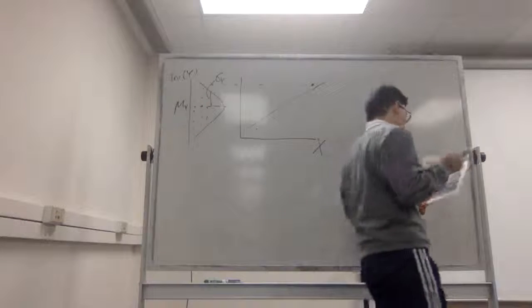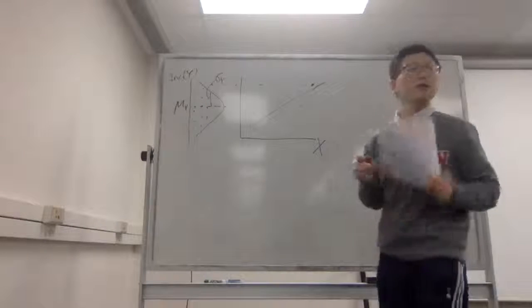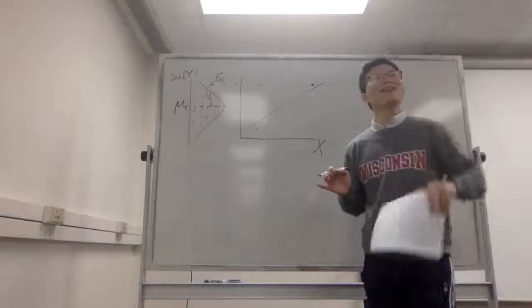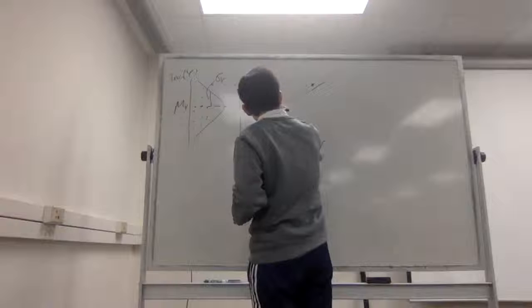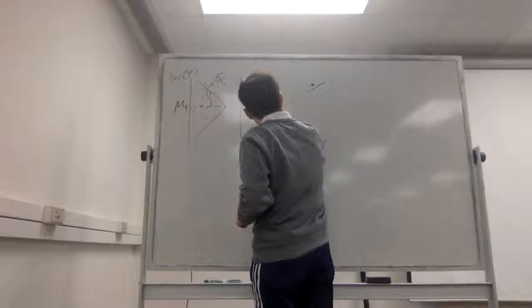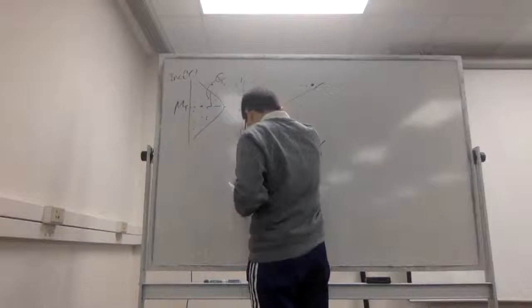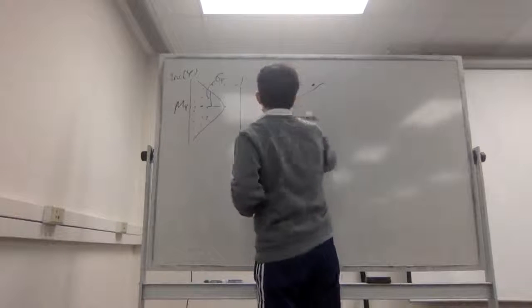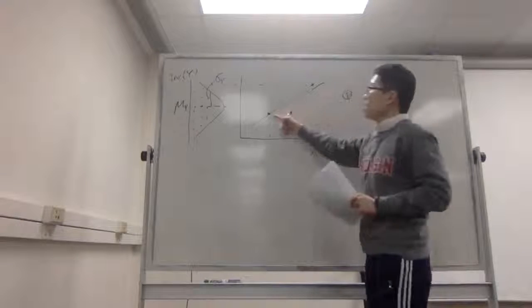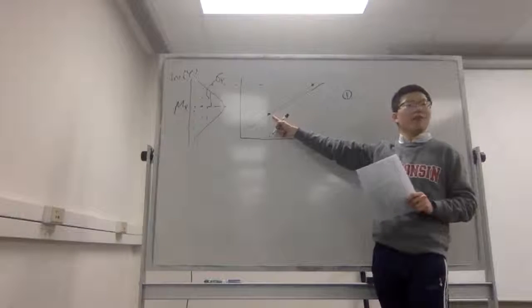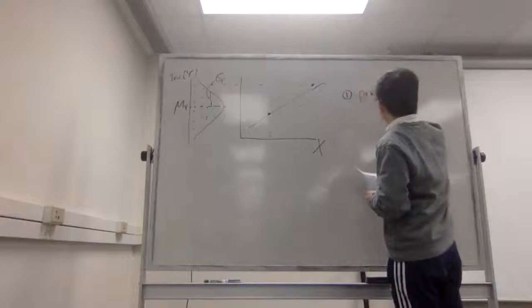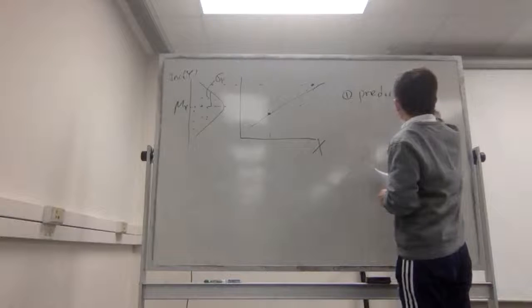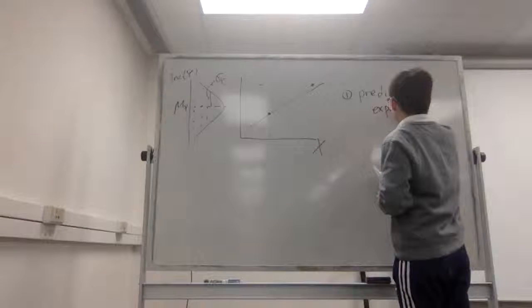So there are two components that are really important in linear regression. The first one is the predicted value, or predicted expected value.